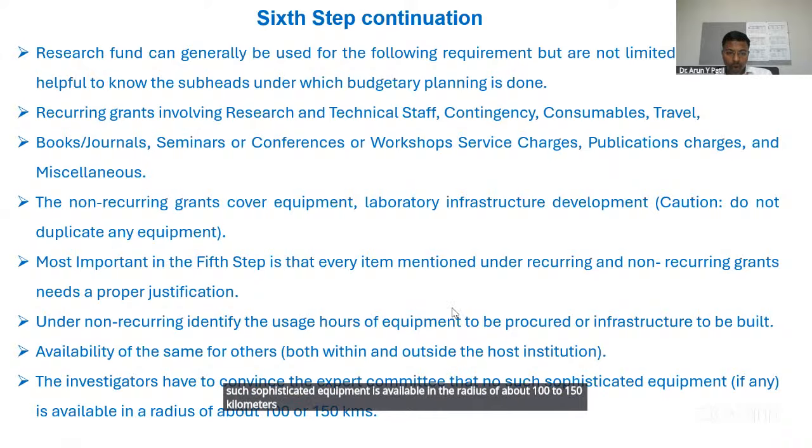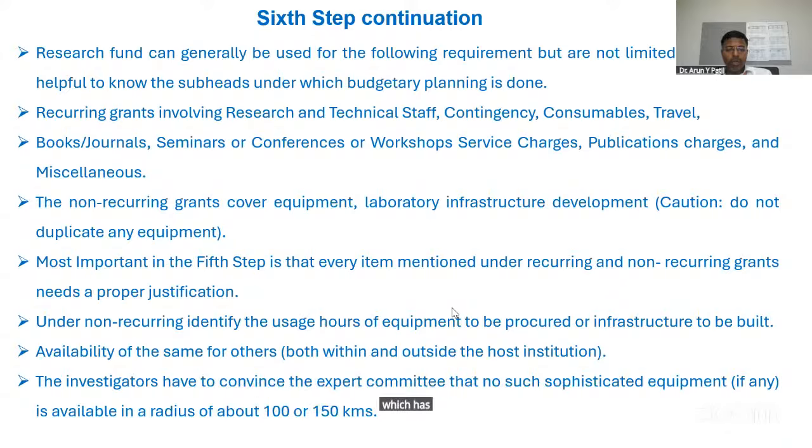This is the new norm which has come in recent days, because they will check any IITs, IISc or NITs, or even central universities in the region where your institute is situated. They will check and then they will allocate that equipment or not.